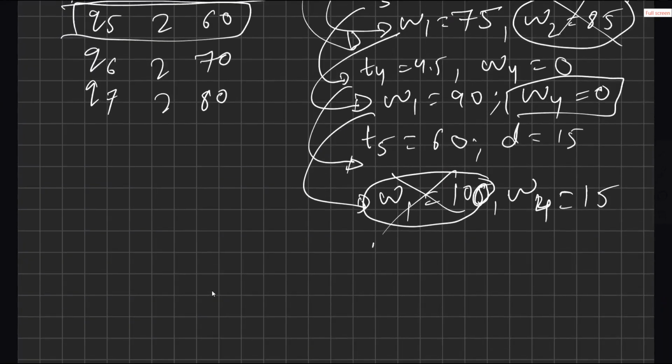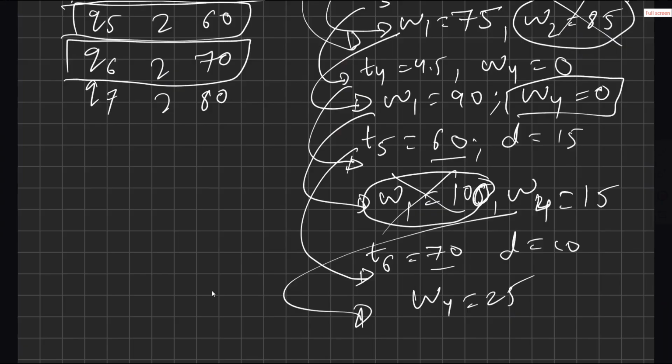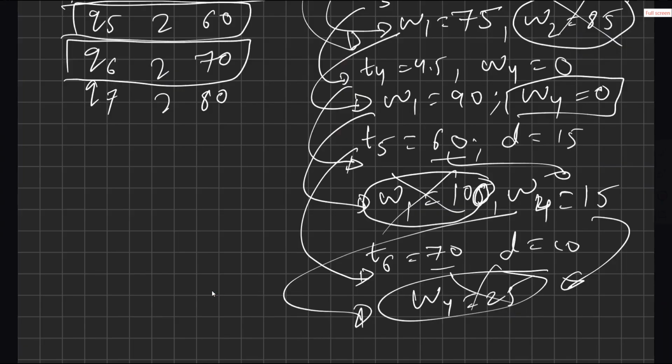Now let's take query 6. Again it says we have to remove the battery. The time is now 70, and from the previous one the difference is 10. It was 60 previously and now it is 70, so 10 units of time have passed. Here this battery W4 will have a voltage of 25, because it was 15 at t equal to 60, and at t equal to 70 it has increased by 10. We unplug this and display the charge, which is 25.